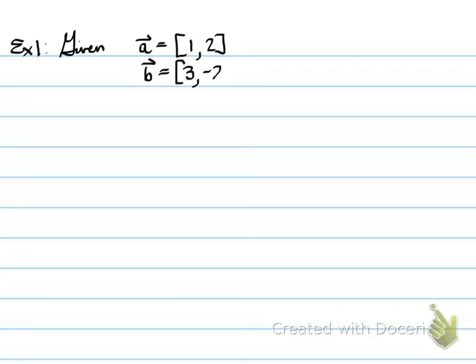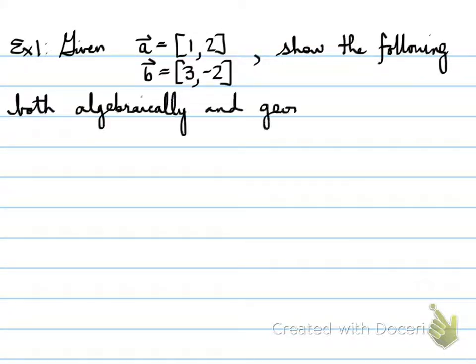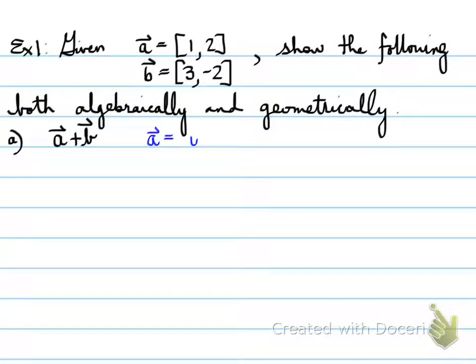So not to worry. Now, given a vector A and a vector B, show the following both algebraically and geometrically. So, A plus B. If we're looking at A plus B, we just take component A, which is i plus 2j, and we add the components for B, which is 3i minus 2j.